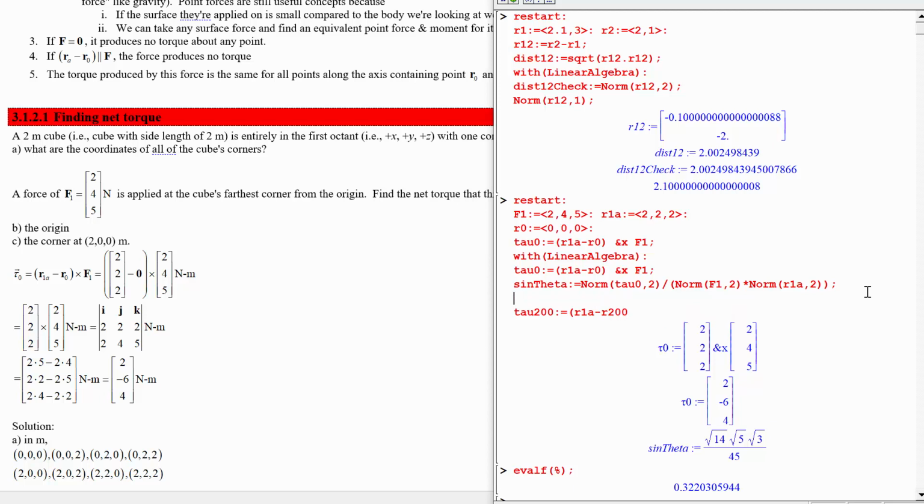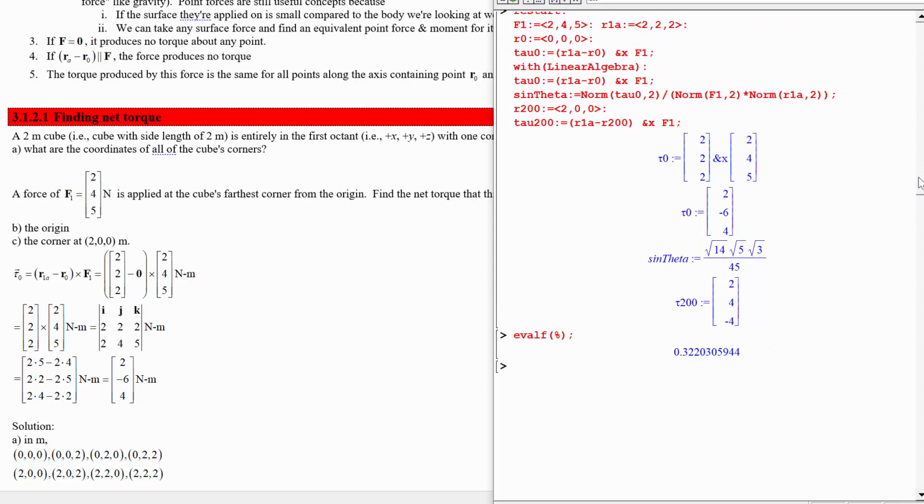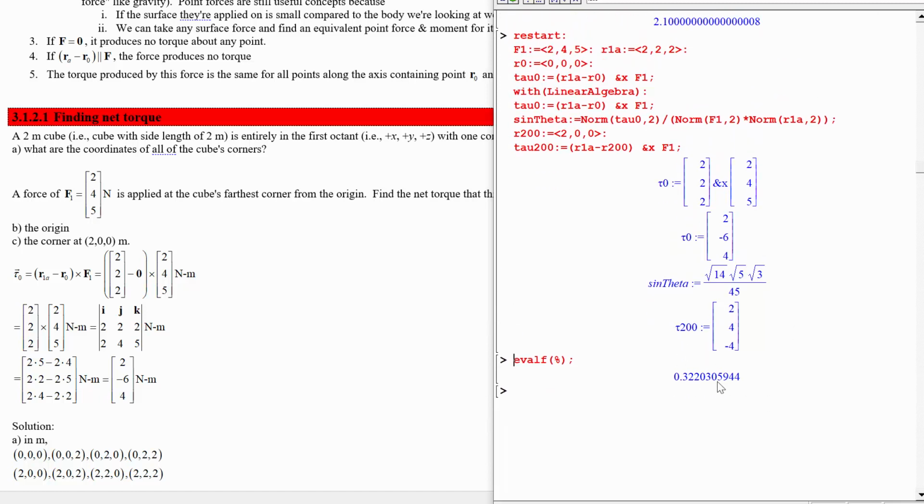We can define that first. And cross that with F1. Okay, so 2, 4, 4.